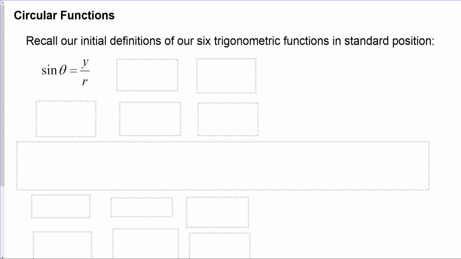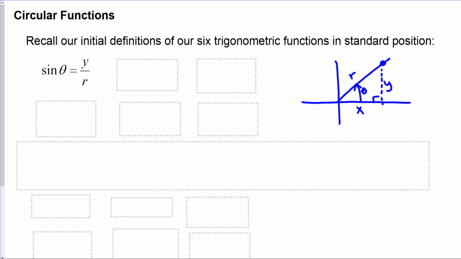So if you'll remember, what this means is if we had an angle in standard position and that angle was theta, then there's a point where you could drop a right triangle to the x-axis. The y value is the opposite side to that angle. The x value is the adjacent side to that angle.